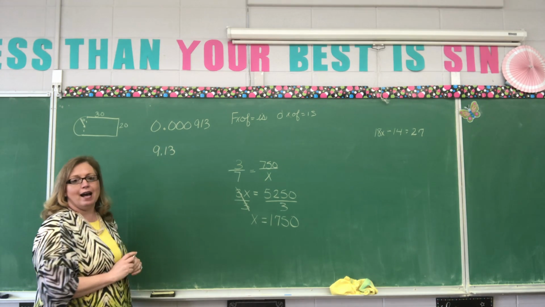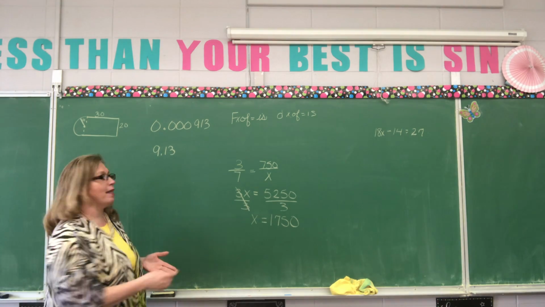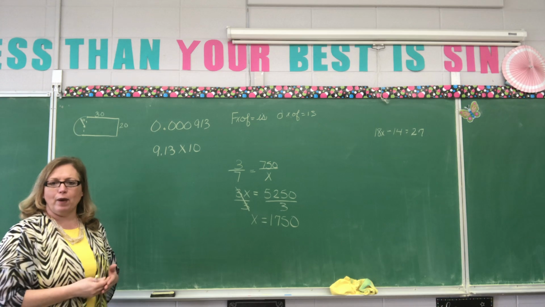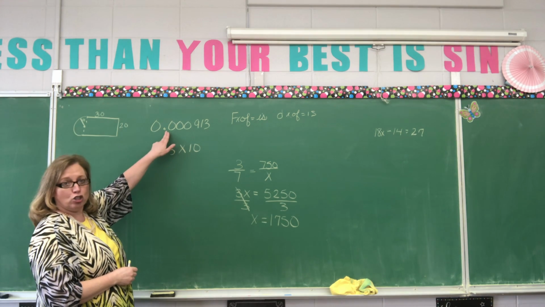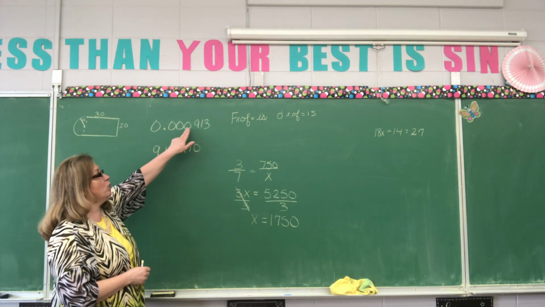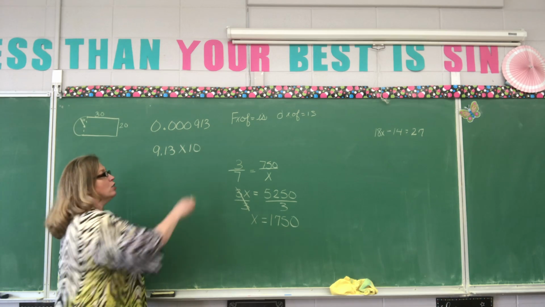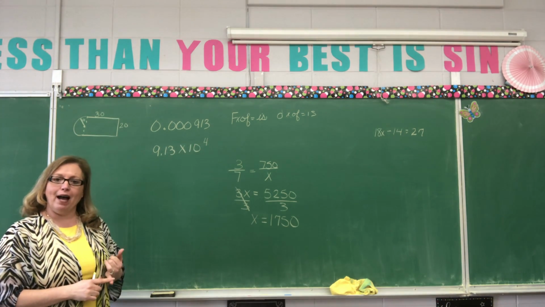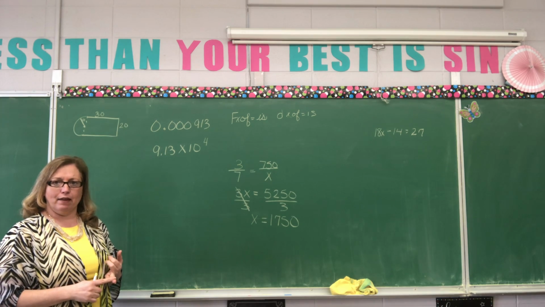So I have 9.13. Now, I'm going to multiply that by some power of 10. How do I know which power? Count the number of places you move the decimal: 1, 2, 3, 4 places. So the exponent is a 4. The question is, is it positive or negative?